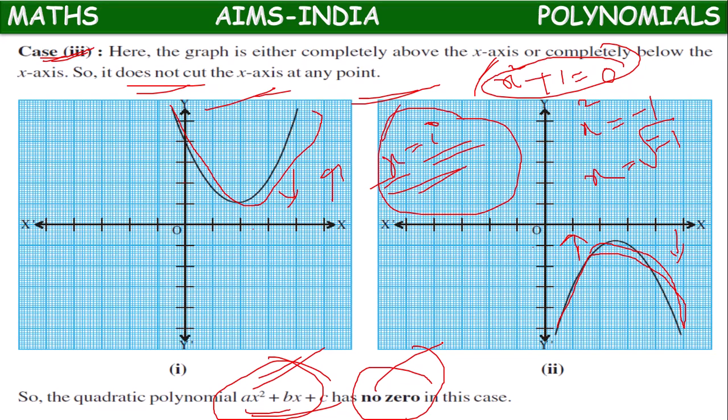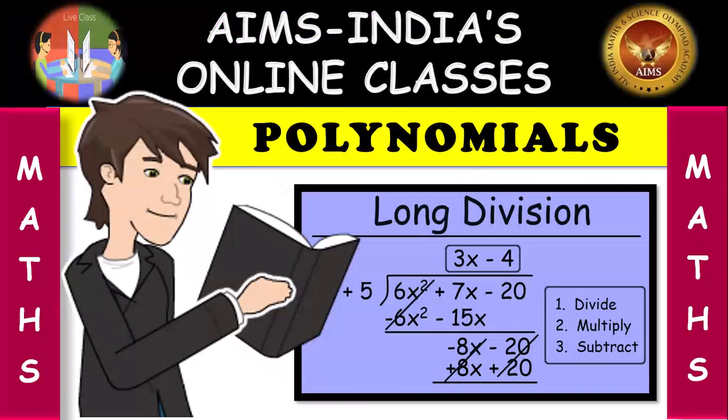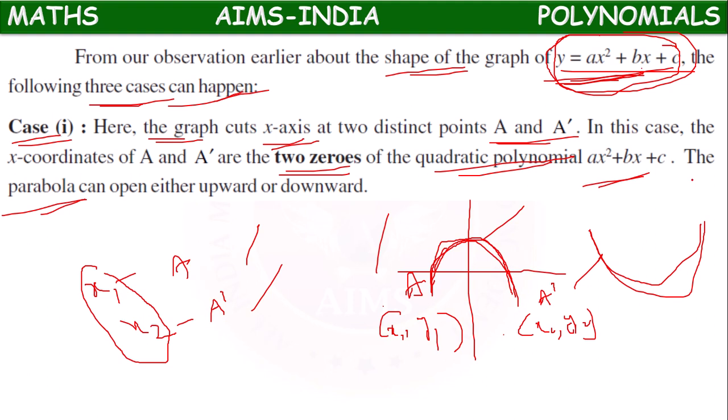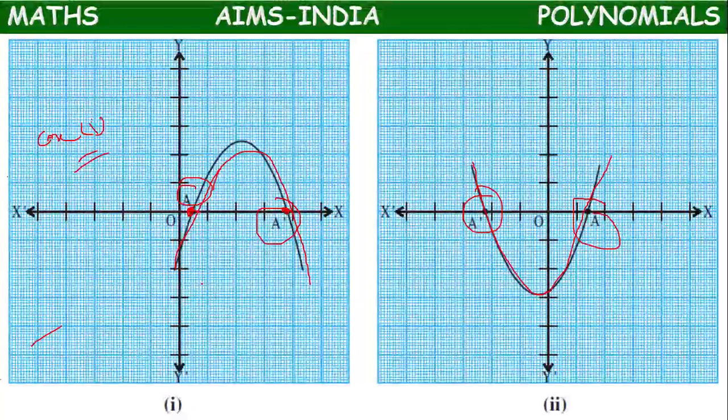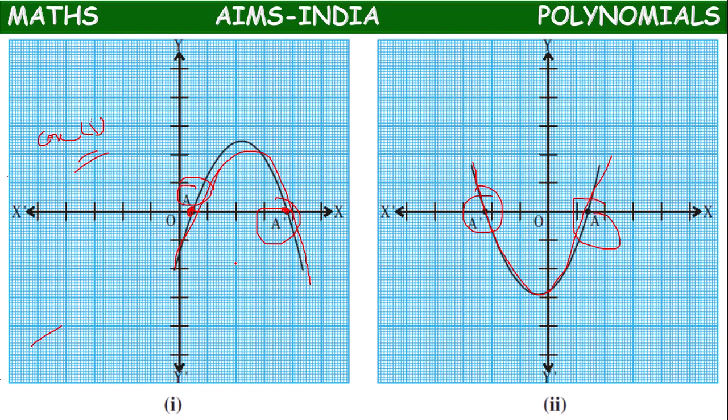Okay, children, what have we learned? If we draw the curve for a quadratic polynomial on the graph paper, three cases are possible. One: the curve, either upward or downward, intersects the x-axis at exactly two distinct points, meaning two zeros. That is the first case.